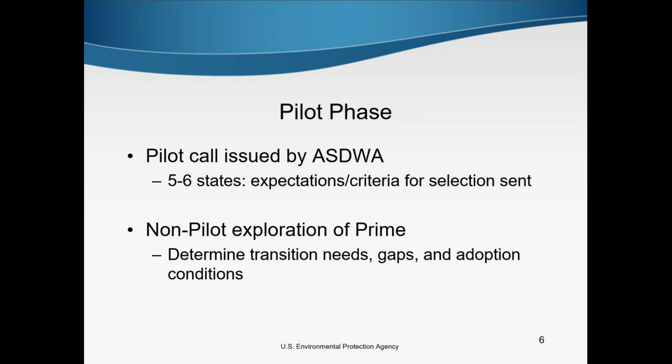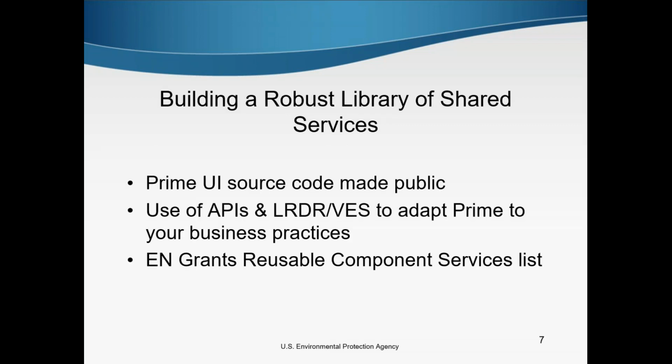But if you're not selected for the pilot, or if you don't have the resources to be able to do so, it's also going to be beneficial to explore what is available in Prime during the pilot phase, so you can determine your own transition needs, what gaps are out there for you, and develop your own adoption conditions for Prime.